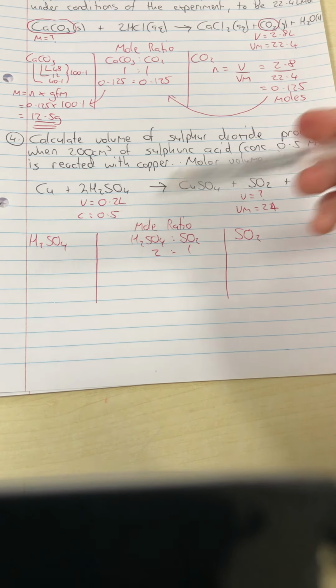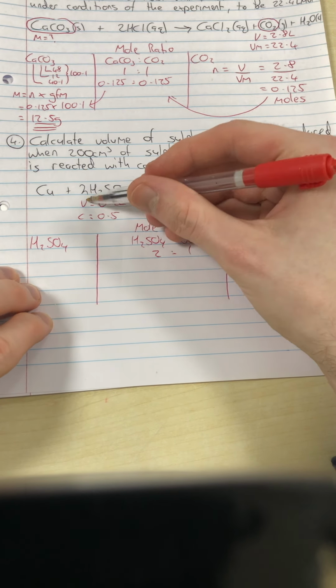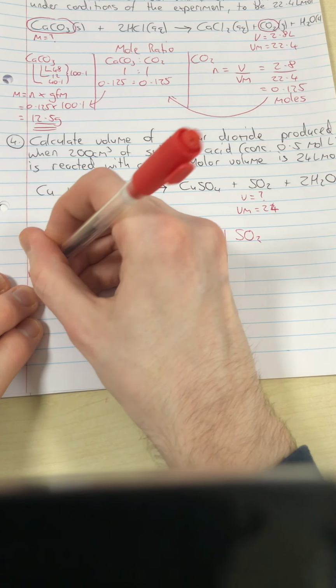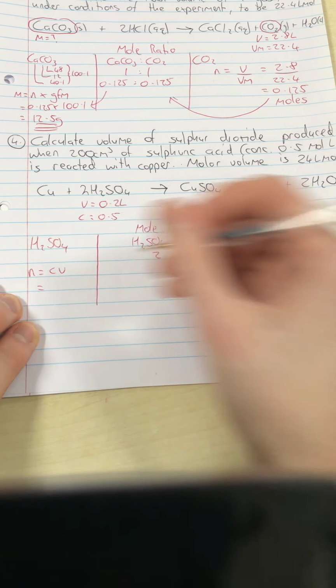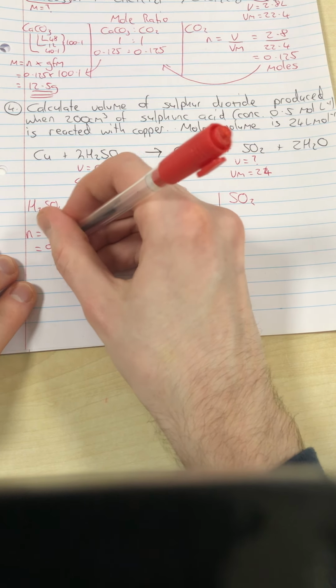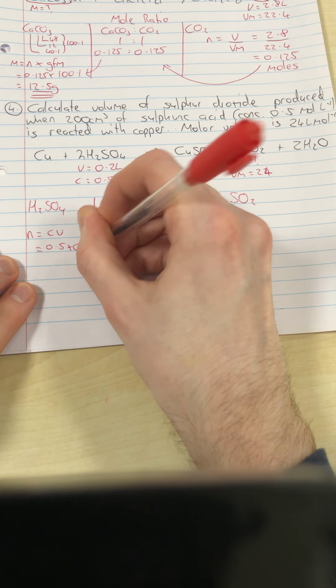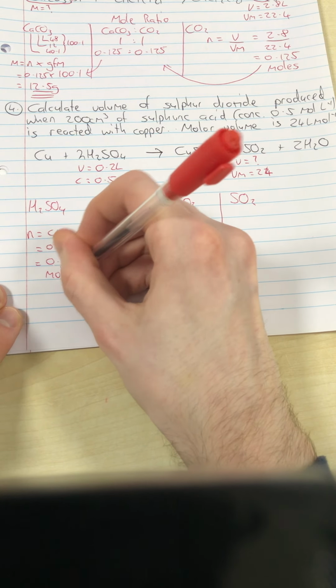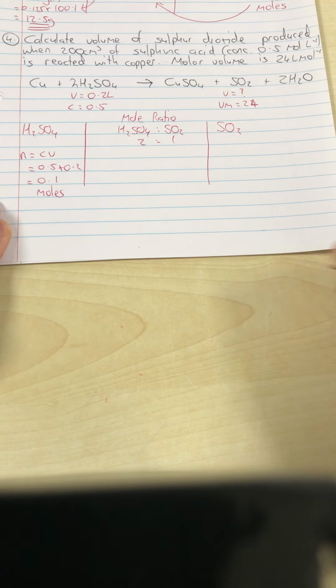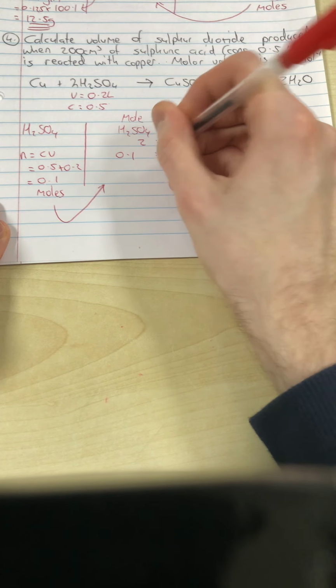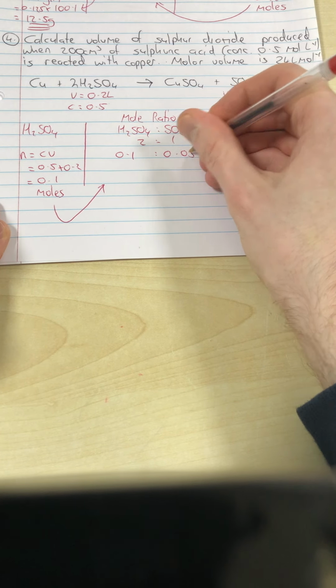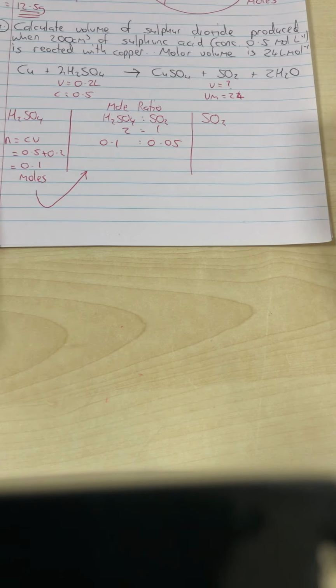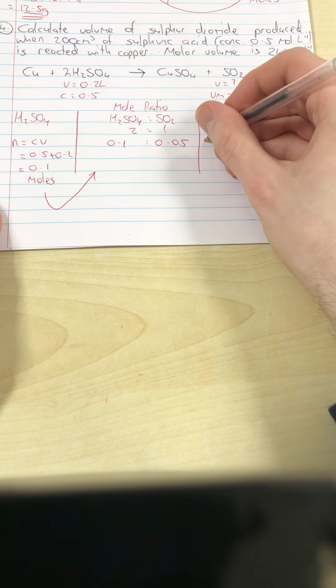We've got a concentration, we've got a volume. You need to know that we can use N equals CV. So that is 0.5 times 0.2, and we are going to get 0.1 moles. Drag that into the middle. So 0.1, it's a 2 to 1 ratio, so we divide by 2 to get 0.05, and we are asked to work out the volume.